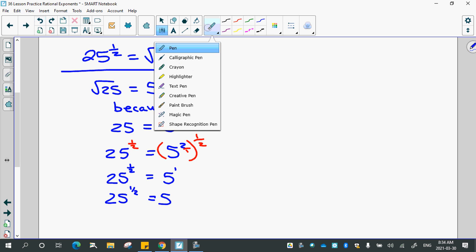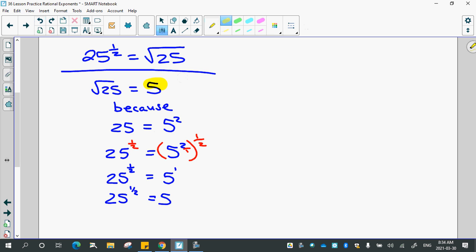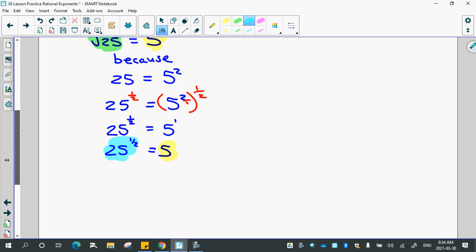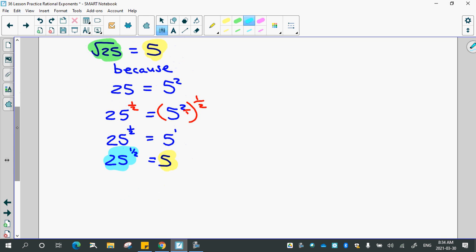So if we look back, we've got the 5 on each side. In this case, 5 is the square root of 25. In this case, 5 is 25 to the 1/2. So we can see that 25 to the 1/2 is the same as the square root of 25.